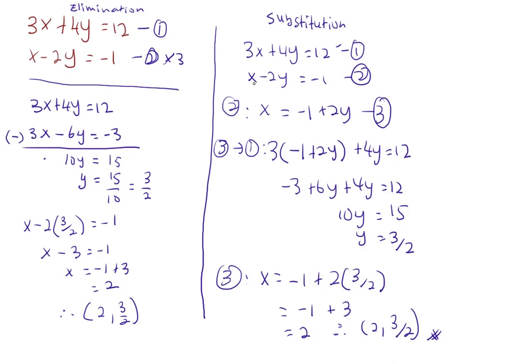And you can also check in the second equation, x equals 2, minus 2 times 3 over 2. So that means 2 minus 3 equals negative 1. So when these two equations are satisfied, therefore you can confirm that your answer is correct.